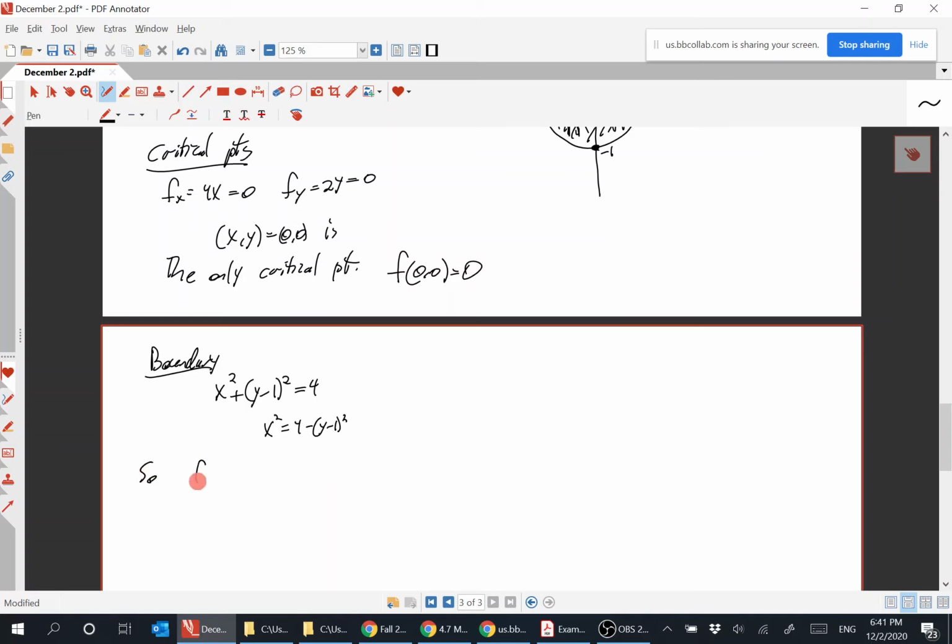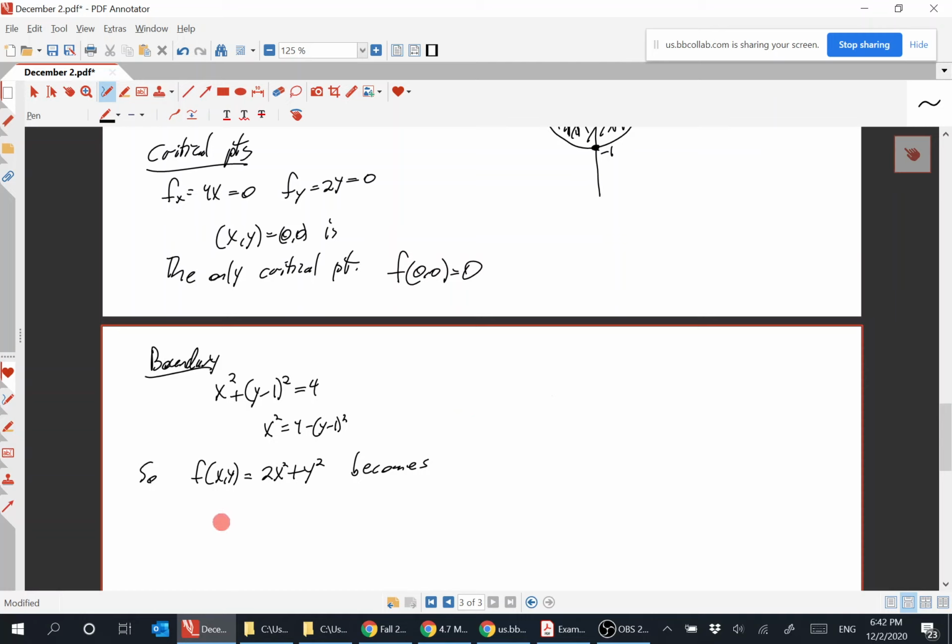Right, so f(x,y), which is 2x squared plus y squared, becomes, on the boundary, so normally you would solve for x. So x is therefore equal to the square root of 4 minus (y minus 1) squared, and then plug that x into here. But we don't have to do that. There's no x's here. There's just x squared. So figuring out what x squared is supposed to be is good enough in this case.